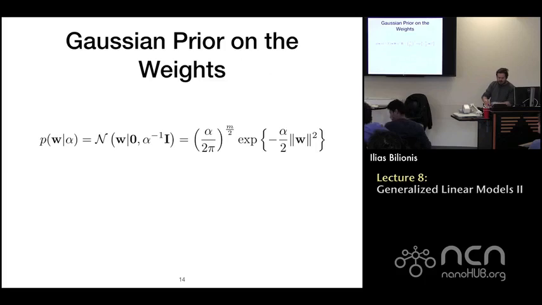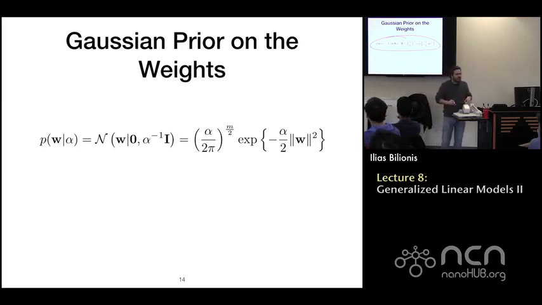All right. So here's one choice as a prior for the parameters of the model. This is the simplest possible choice. And it's not by any means the best choice, but it's a choice. You pick the prior of the weights to be Gaussian, with the parameter alpha.